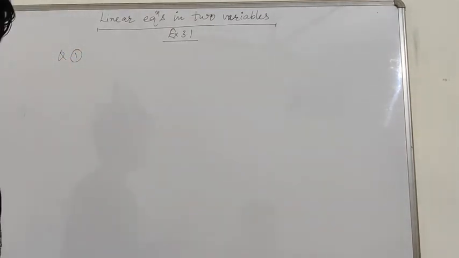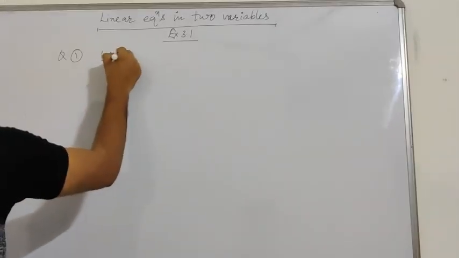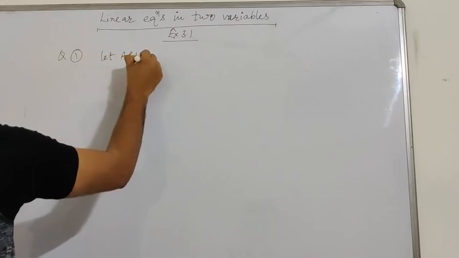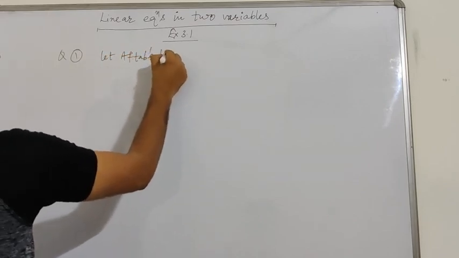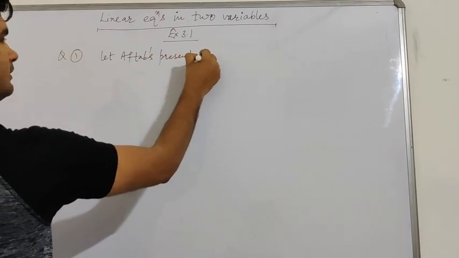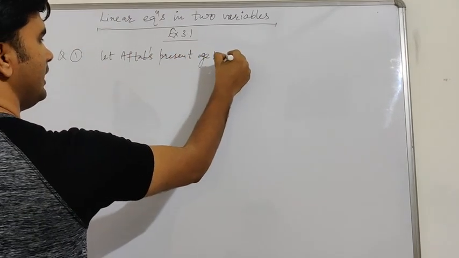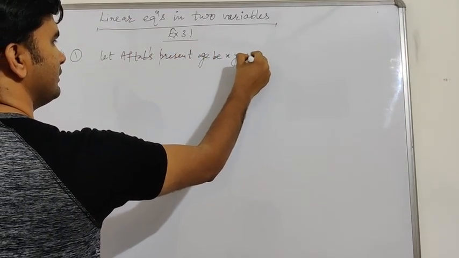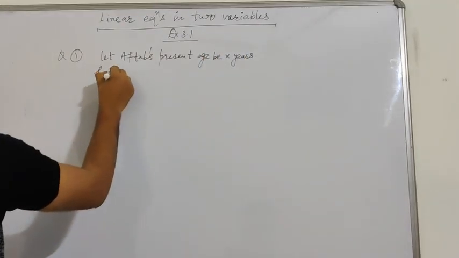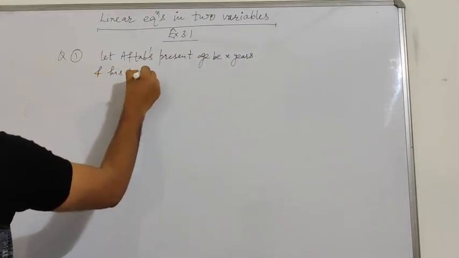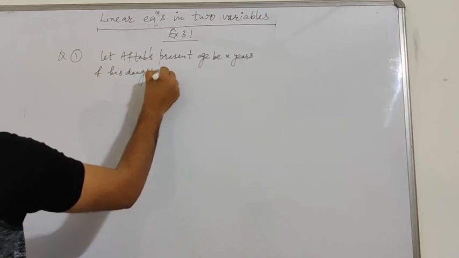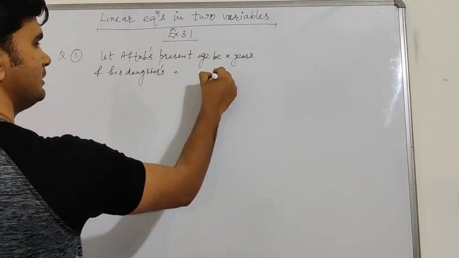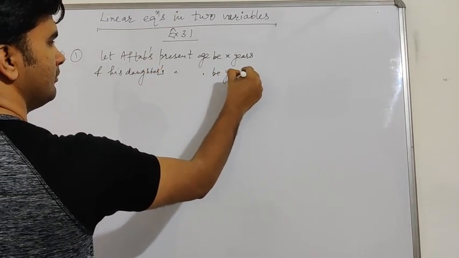We will assume their present ages: Aftab's present age be x years and his daughter's present age be y years.